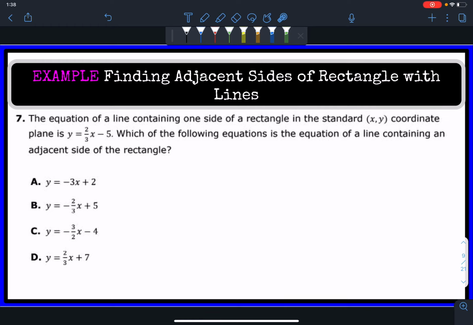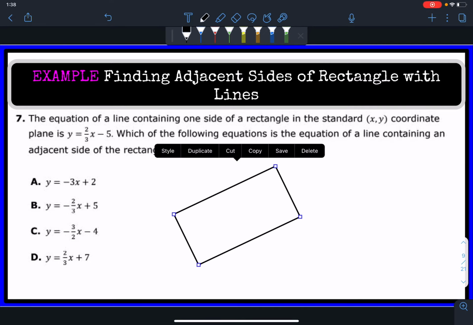Now for number 7, we have something like this on your homework. For number 7, we have a rectangle, and the equation of a line crossing one side of the rectangle in the standard x and y coordinate plane is this equation here.